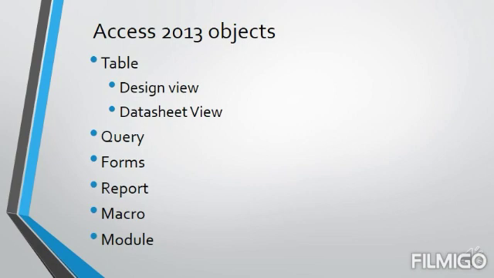You can add a field description, set field properties, and add, edit, and delete the various fields in the table. Datasheet view is used to enter the data in the table. In Access 2013, you can add, edit, and delete the fields in the table and set field data. By default, the data in the table is displayed in the datasheet view.